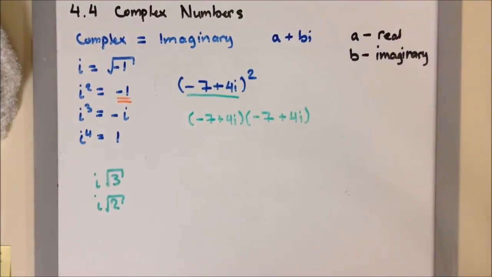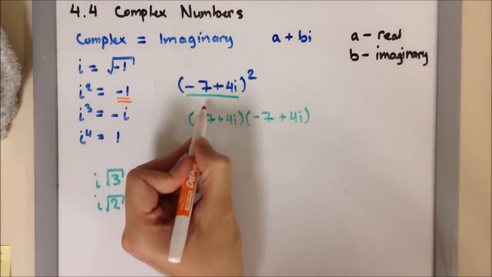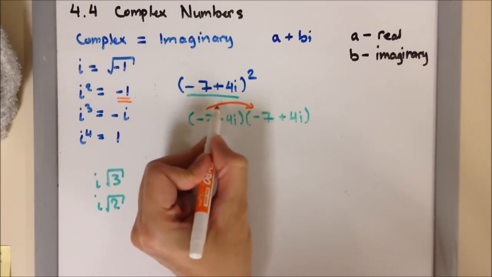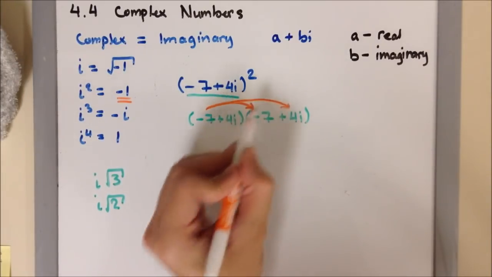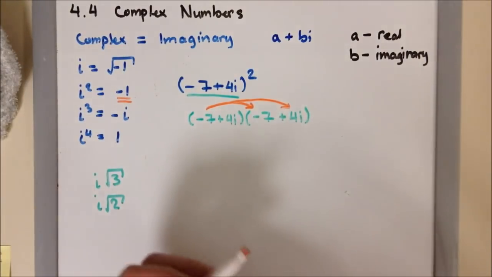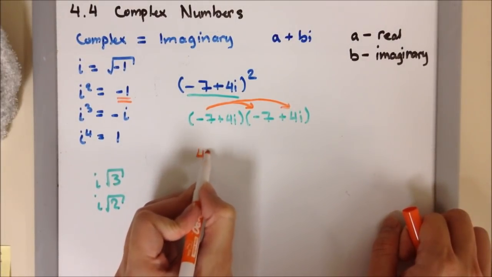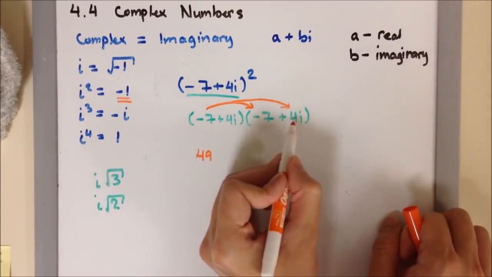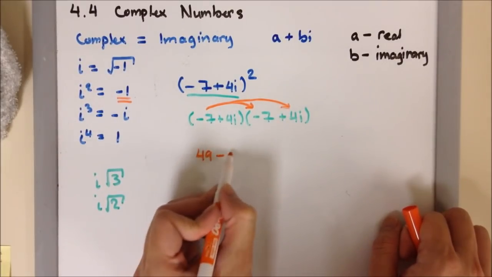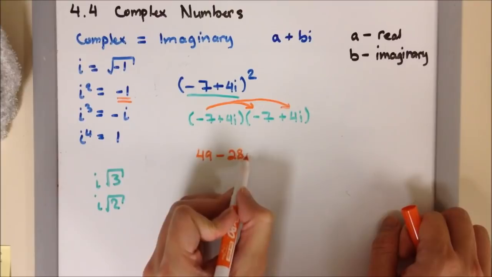Alright, so now it's just going to look like the previous two examples, which I'm going to FOIL. So my negative 7 will multiply to this negative 7 and the 4i. So negative 7 times negative 7, 49. Negative 7 times positive 4i will be minus 28i.